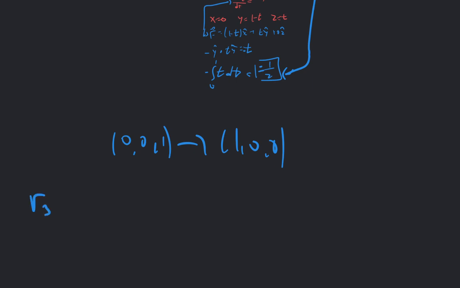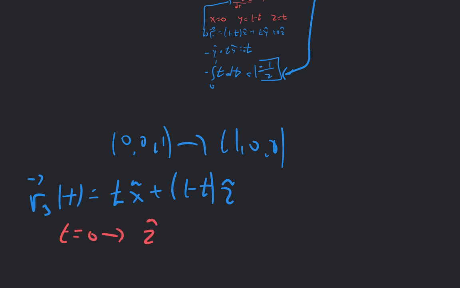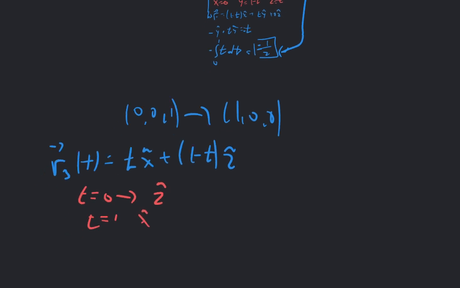So R3 of t is going to be t x unit plus t(1 minus t) z unit. T is equal to 0, we get z unit, t is equal to 1, x unit, which is what we're trying to do because that matches our points.